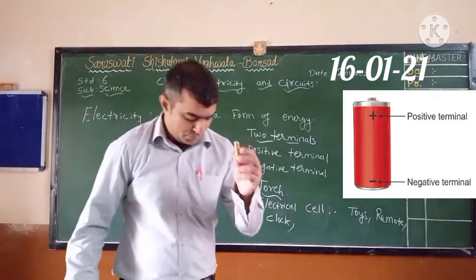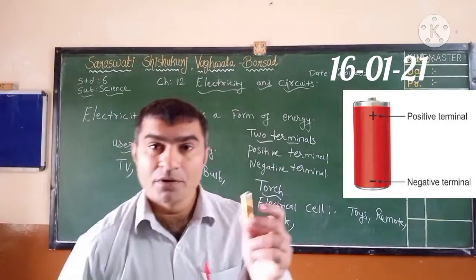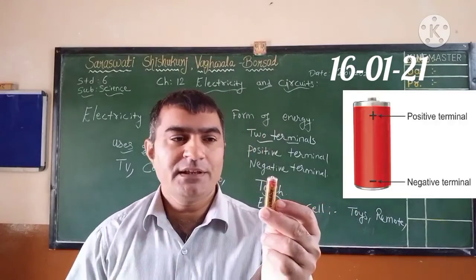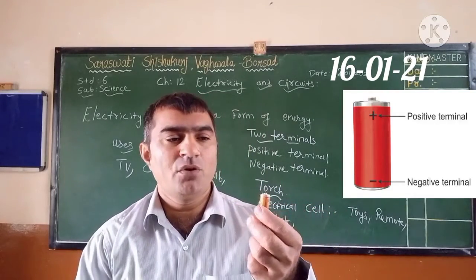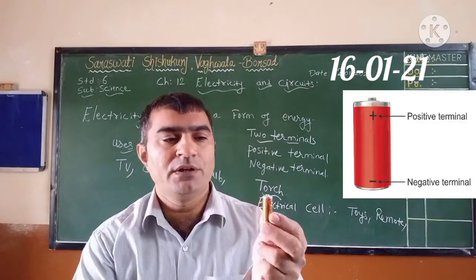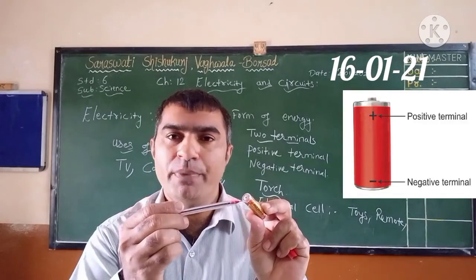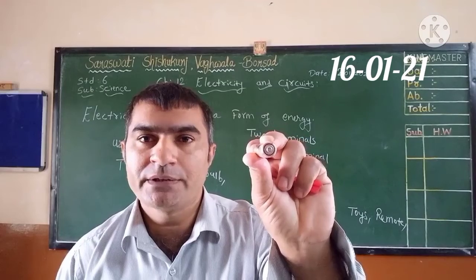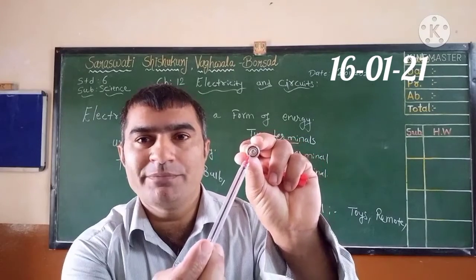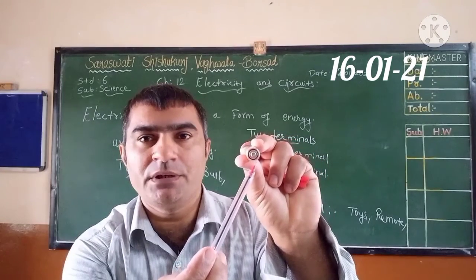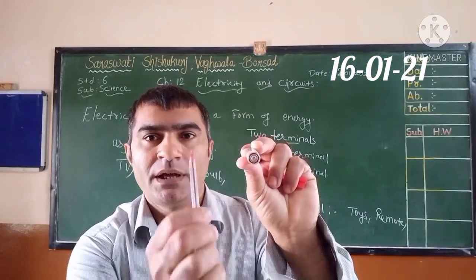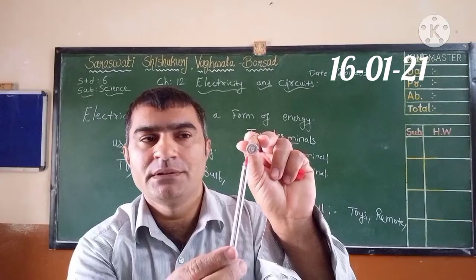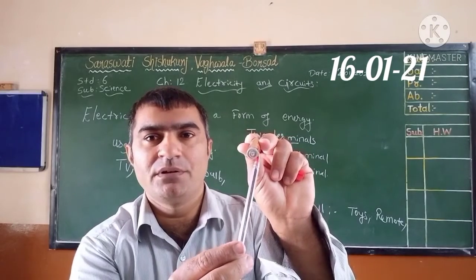Now, I will show you both the terminals of the cell. Take a cell at your home and observe it carefully. You can see the metal cap over here, so this metal cap is the positive terminal, and we can see a metal disc at the back. So this is the negative terminal.